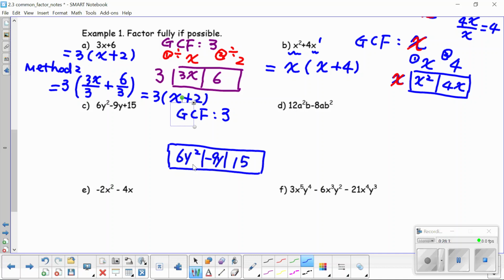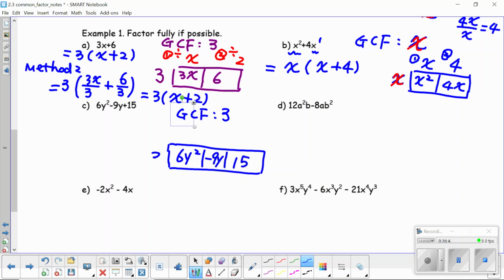Then we check, do we have a variable common factor? y squared, y, no y. If you have one term with no variable, then you don't have the variable as a common factor. You must have all the terms with a variable, the same letter, then you may have the common factor with that letter. Okay, so this one has no y, then you don't have common factor y here.